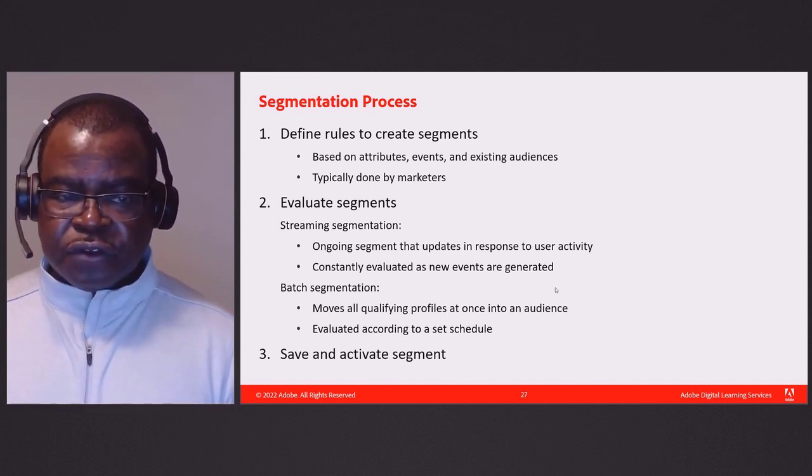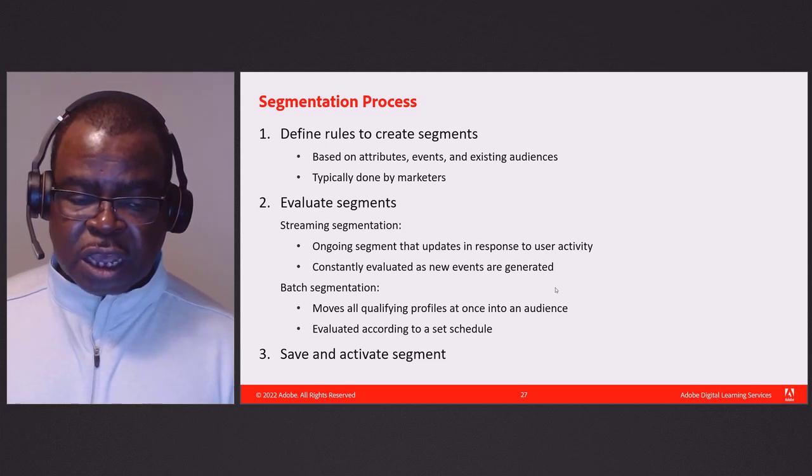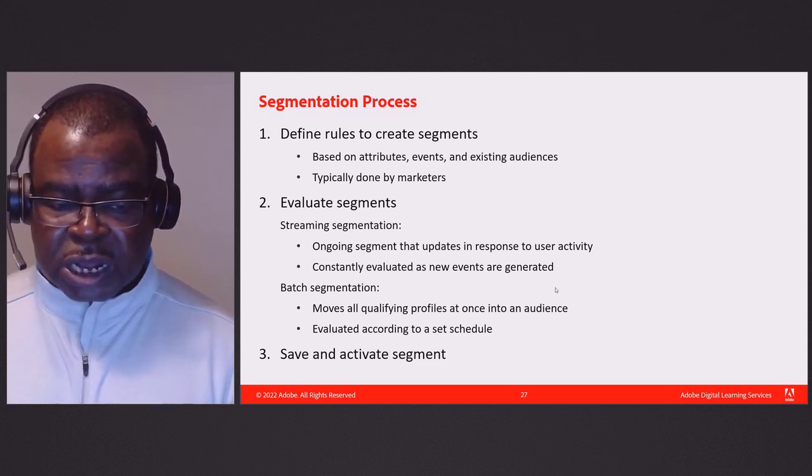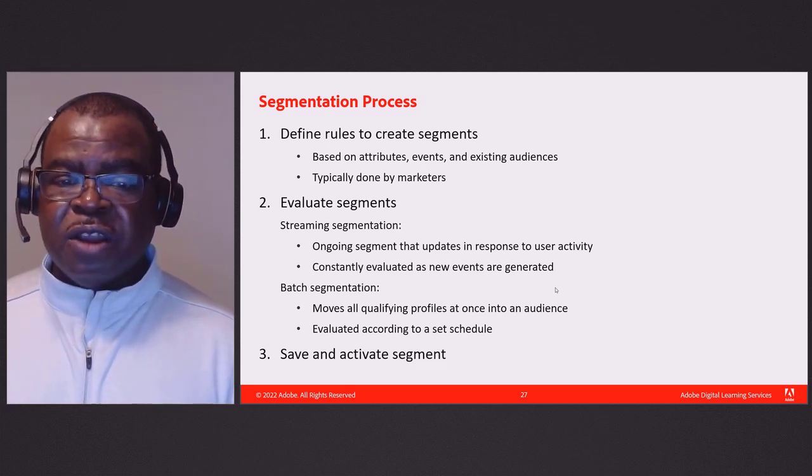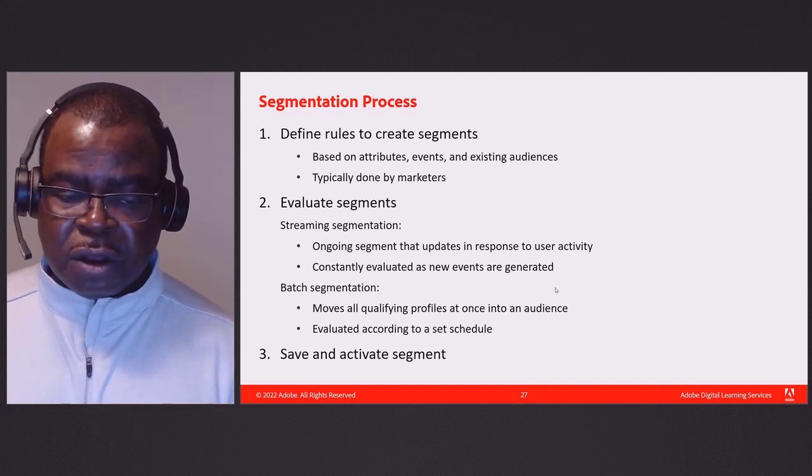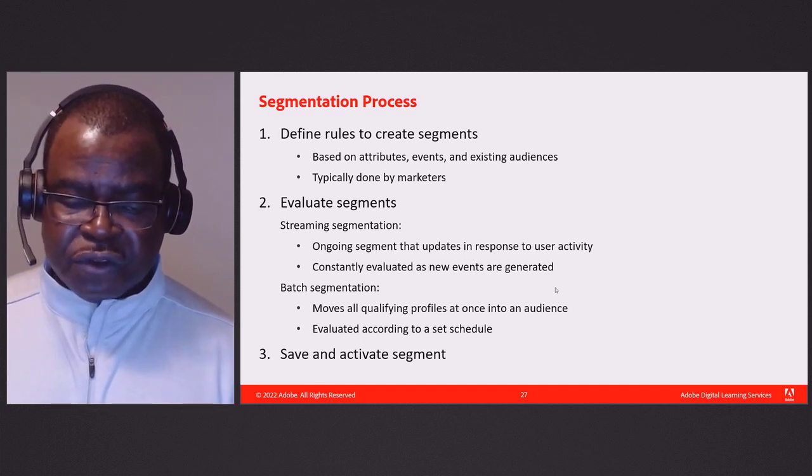Once you define your segments and it's evaluated, then you can save your segment with a unique name, and you can actually view a sample of the qualifying fragments within that particular segment. If you are then ready to actually export the profile fragments in the qualifying segment, then you can activate it on a destination.